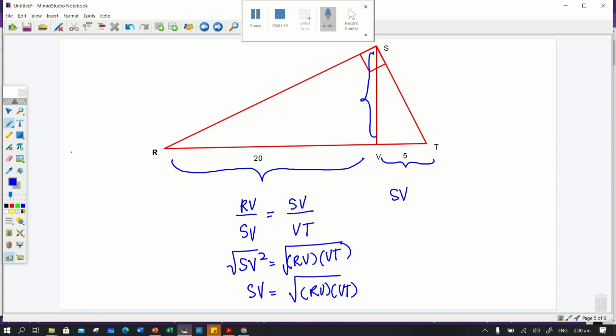We have SV is equal to the square root of RV, which is 20, multiplied by VT, which is 5. Then we have the square root of 5 times 20. The answer is 100. And what is the square root of 100? The answer is 10. Okay, so the length of the altitude SV is positive 10.